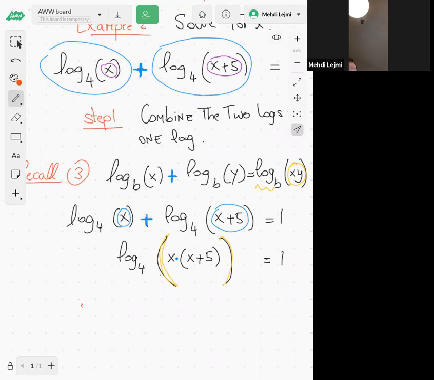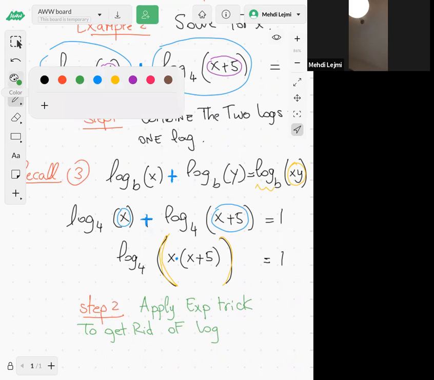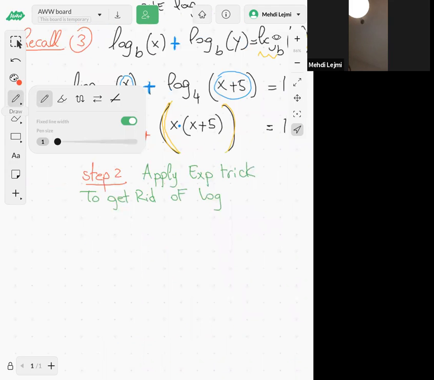So now in this step 2, I'm gonna apply my ln trick, my exponential trick, to get rid of the log. The base here, of course, is 4. It's log in base 4. So I'm gonna apply exponential in base 4 to both sides. So I'm gonna have 4 on the left, 4 on the right.